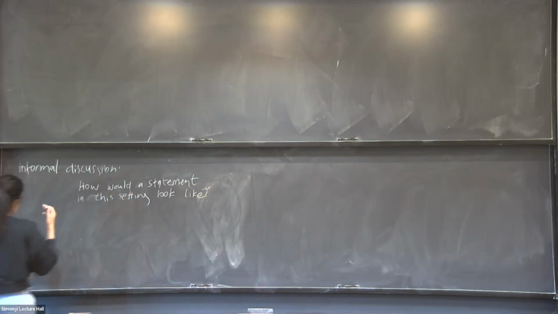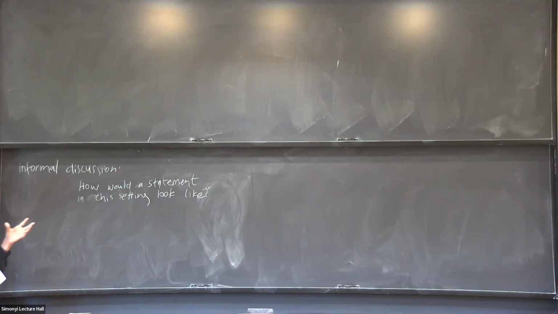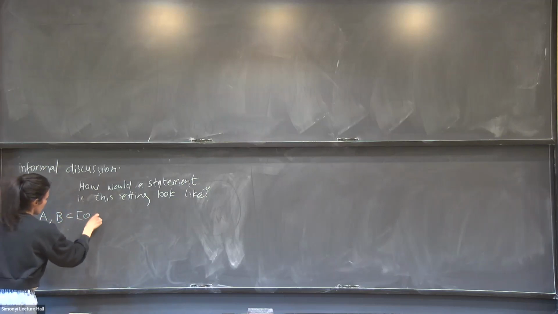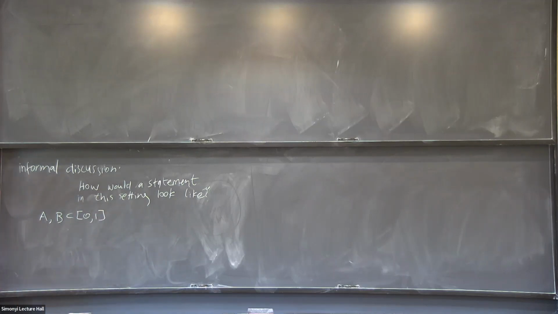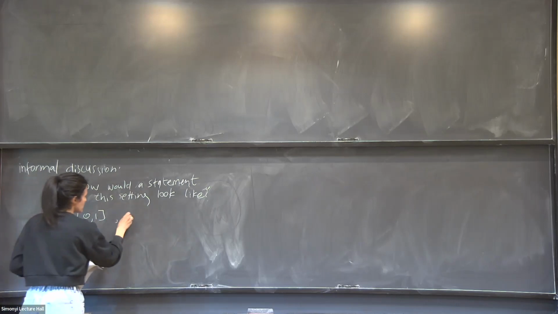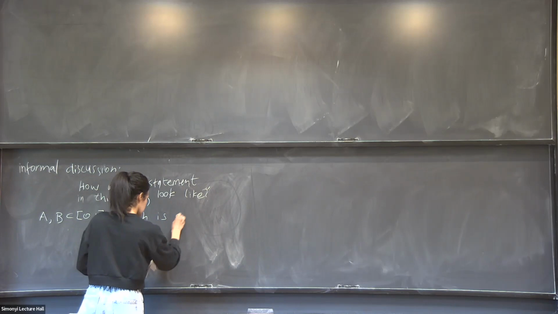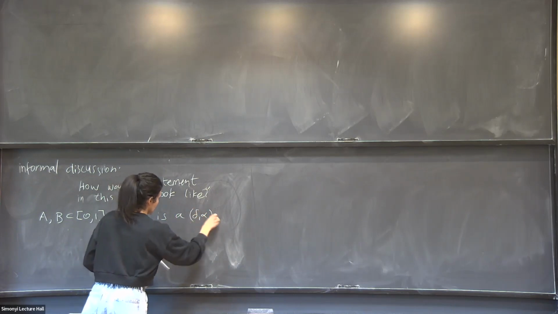So let's think about the Elekes and Ronyai theorem that I stated. We have two sets. We have a polynomial, and we want to look at the image of A Cartesian B under the polynomial f. So what do we have here? We will have two sets A and B contained in the interval [0,1], and we will assume that each of them is a delta alpha 1 set.